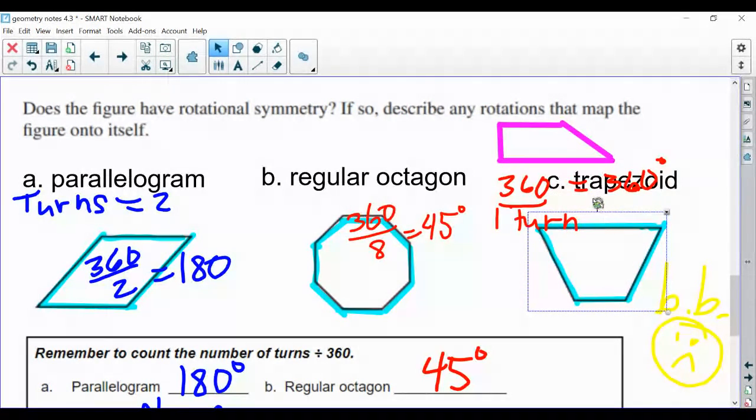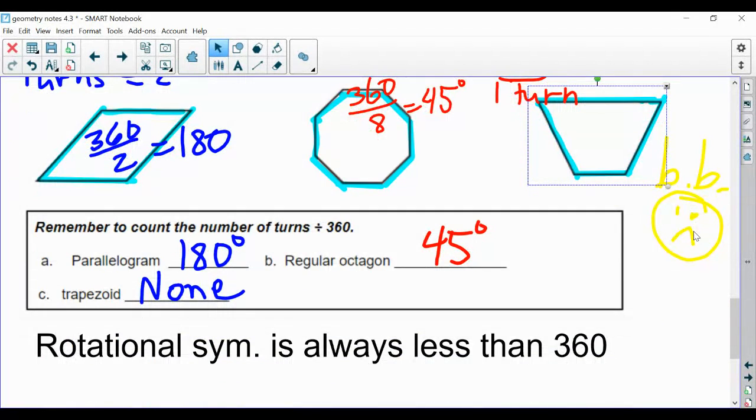That's only one turn out of a full rotation. 360 divided by 1 is 360, but remember, no figure has 360 degrees of rotational symmetry. Your symmetry has to be less than 360. So if you don't get anything less than 360, then we say the figure has no rotational symmetry. So for the trapezoid, it was none.